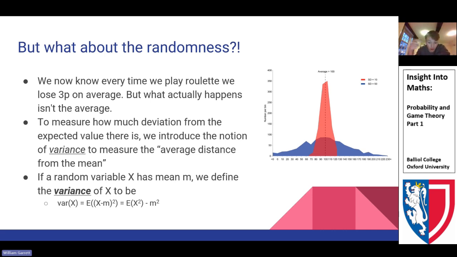Which of these 2 pictures, the pink or the blue, do you think has the most variance in its distribution? Feel free to type in chat what you think. Yeah, everyone agrees that it should be the blue that has the most variance.